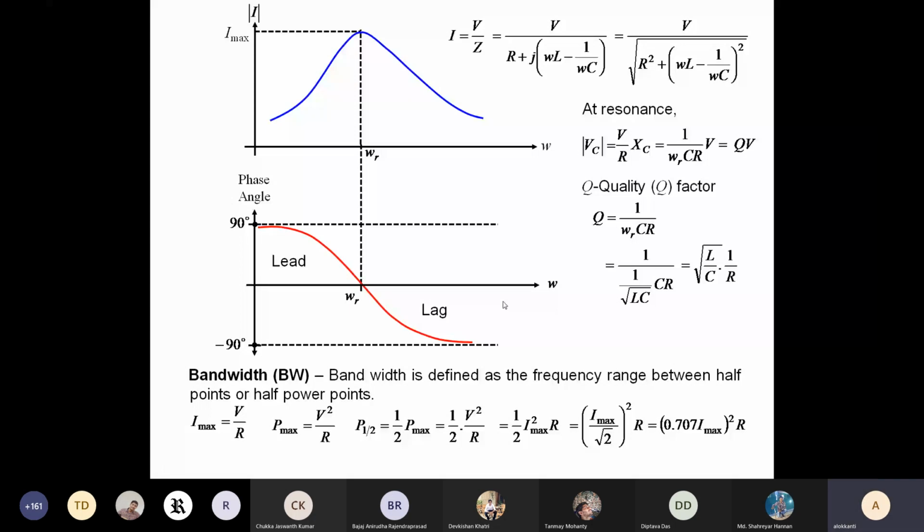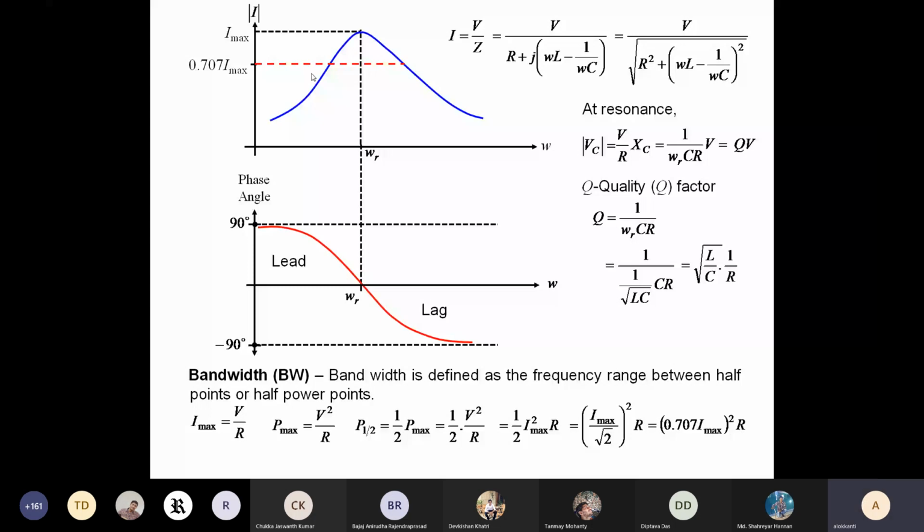The current 0.707 Imax is obviously less than the maximum, and it does not occur at a single frequency. It occurs at two values of the frequency, because as soon as you cut the current curve at 0.707 Imax, you get two frequencies.